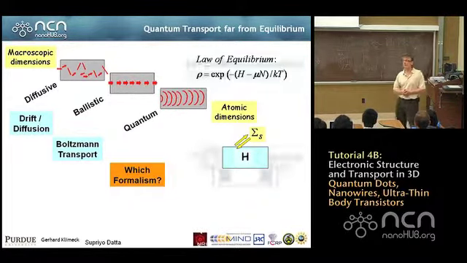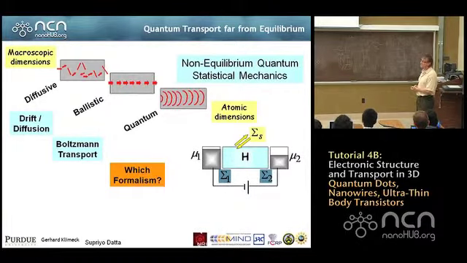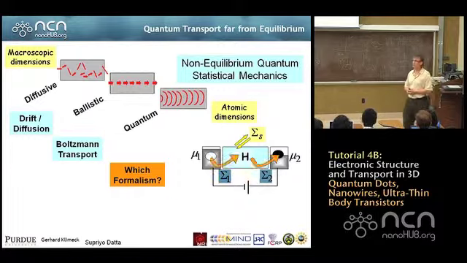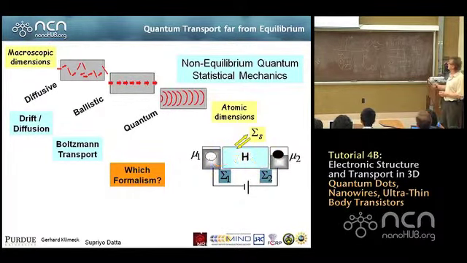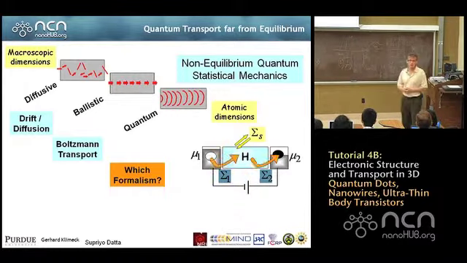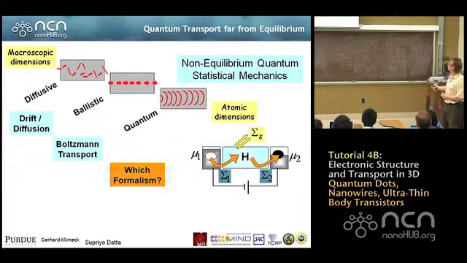Now, I'm an electrical engineer. I have contacts on my devices, and I want to shuttle electrons in and out of the system. So I fundamentally all the time work in non-equilibrium systems. And with the introduction to NEGF that you probably saw this week, it should be clear to you that there's a mechanism to do that, and that is really this non-equilibrium Green function formalism.